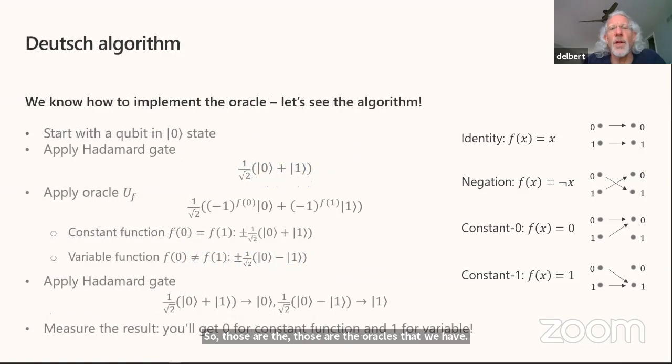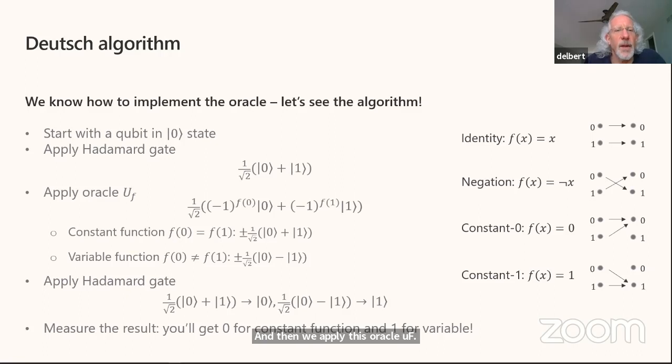And so then if we look at the algorithm itself, it's actually a pretty simple algorithm. We start with our qubit in a 0 state. We apply the Hadamard gate to that state, so we put ourselves in an equal superposition of 0 and 1. And then we apply this oracle UF.